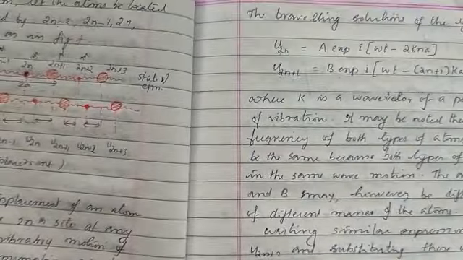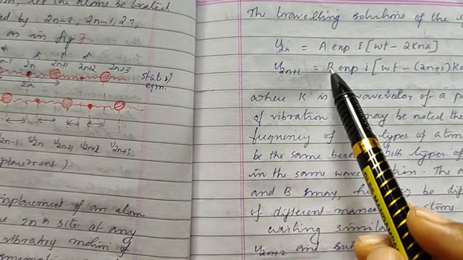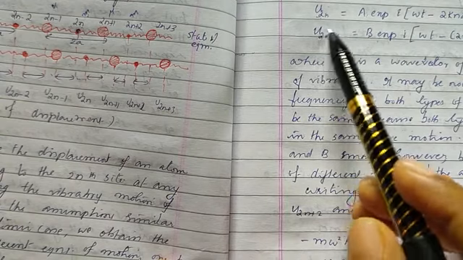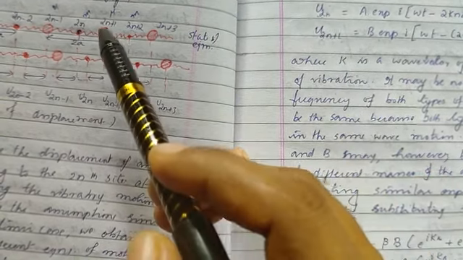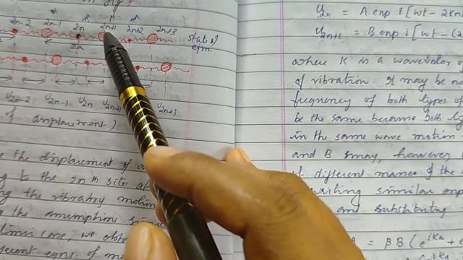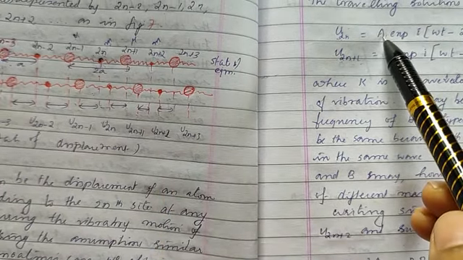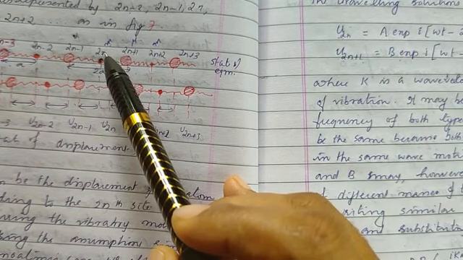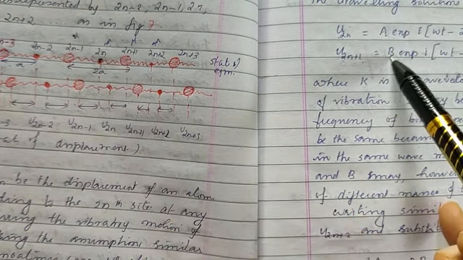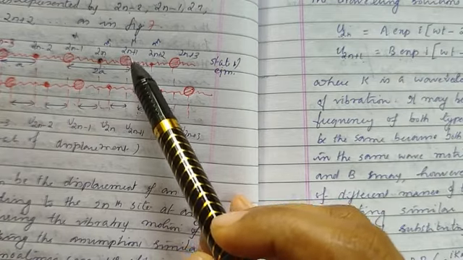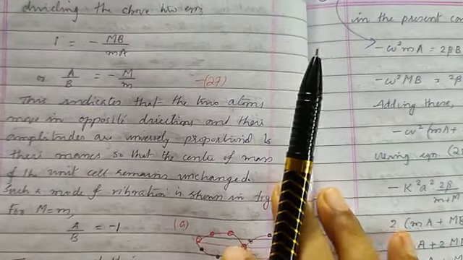So B represents the amplitude of the wave corresponding to this displacement, and at the 2n plus 1th position, this is capital M. So A represents the amplitude of vibration produced by small m, and capital B represents the amplitude of oscillation produced by capital M. So we have got this relation.